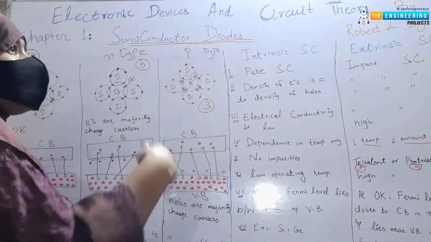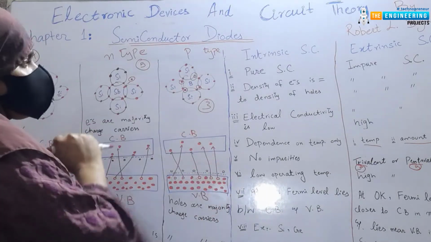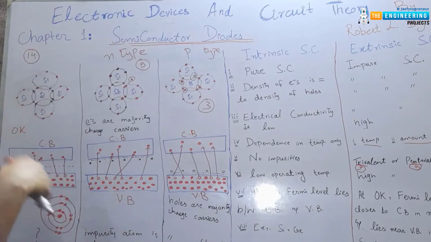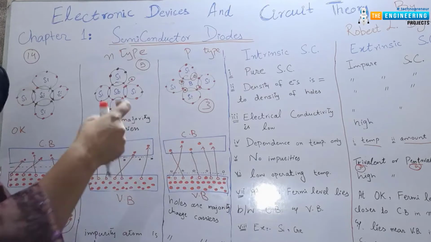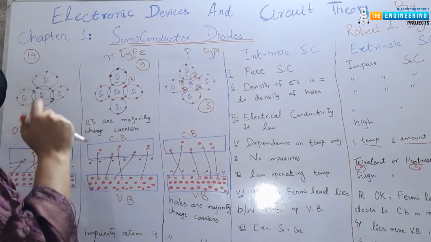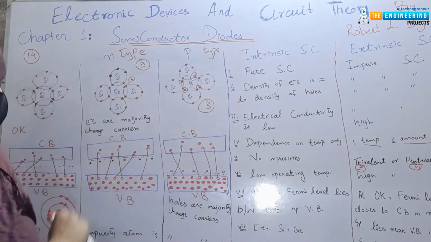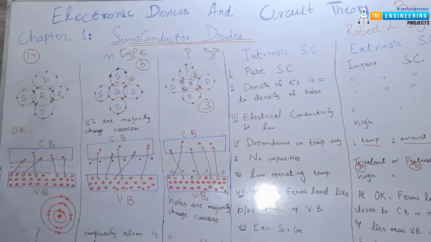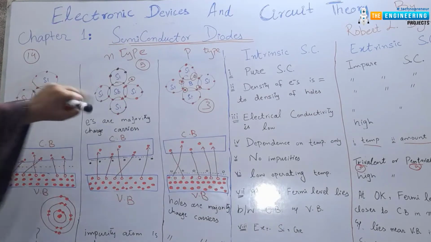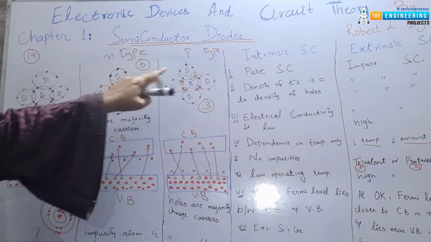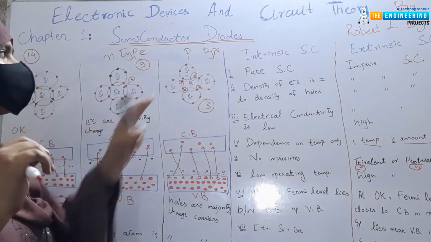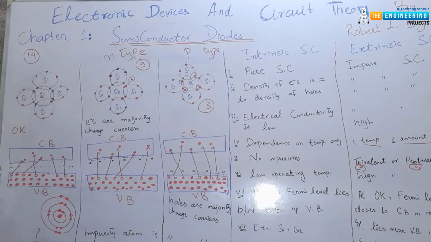This hole will cause more current to pass through the structure. So electrons and free holes can both cause current to move through the structure. In the n-type case, current passes due to electrons, and in the p-type case, current passes due to holes.